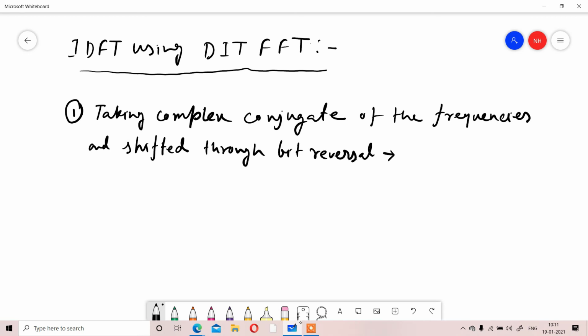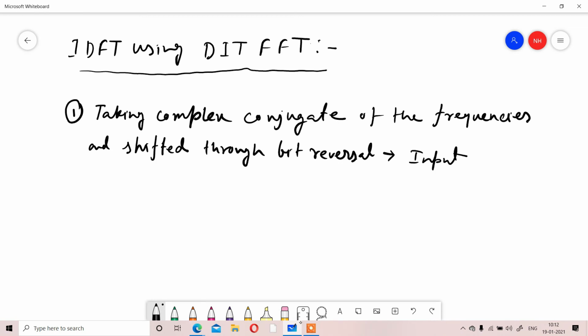So that will be your input. That is one change. Means the input that you take, you have to consider the bit reversal as well as make the conjugate of the input values that you are getting.